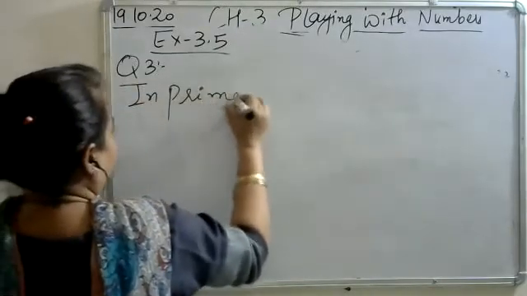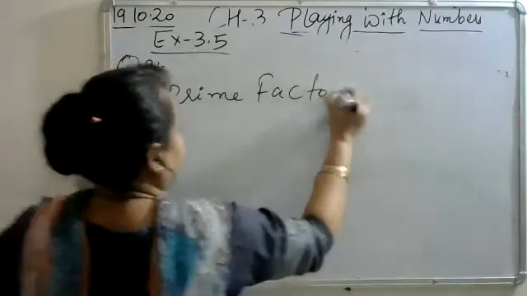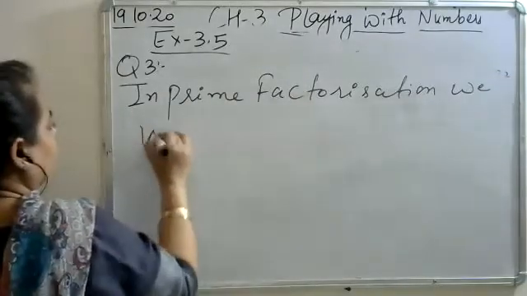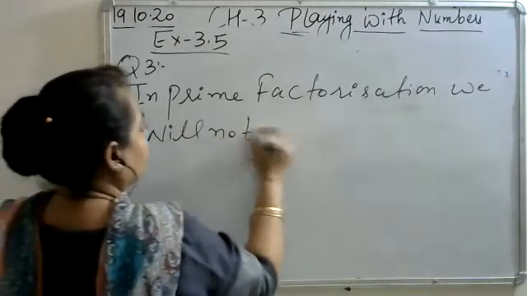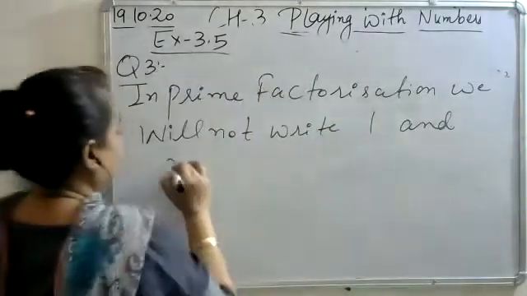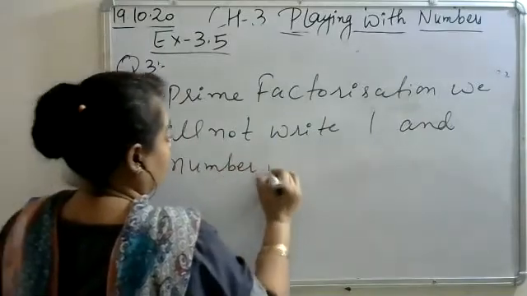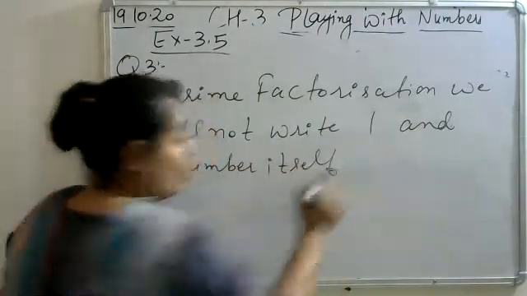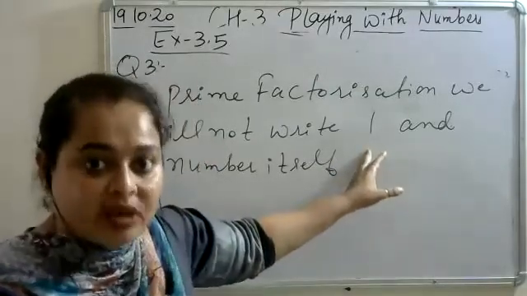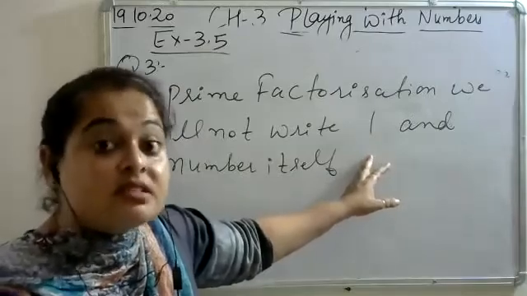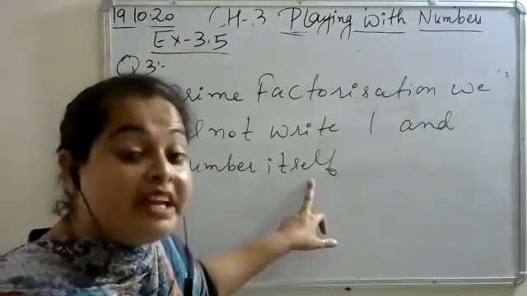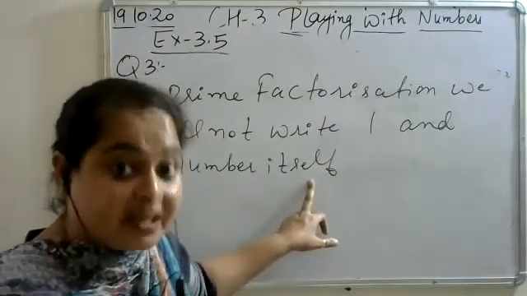In prime factorization, we will not write one and number itself. Whenever you will write the simple factors, then one and number itself is very, very important in simple factors.